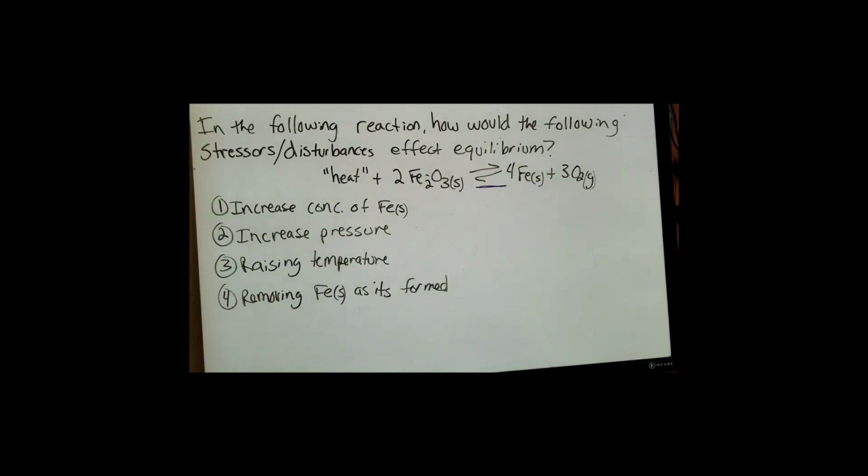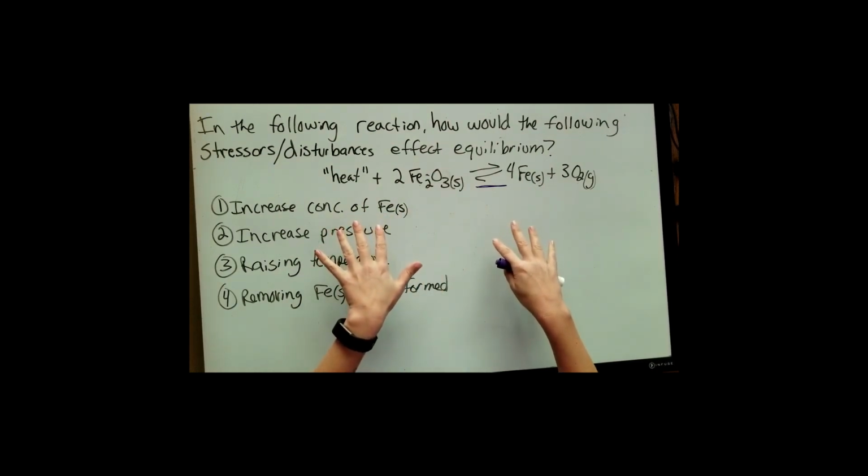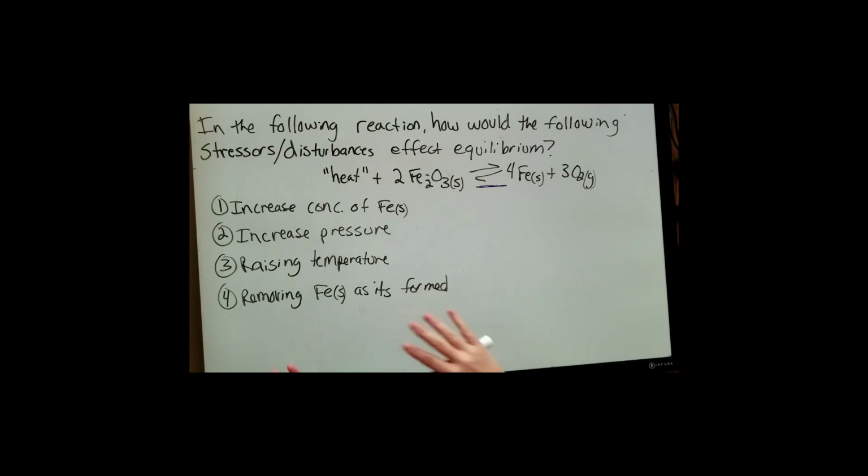So that is showing that this is an equilibrium reaction. And with equilibrium, what happens is if we disturb anything in this reaction, that equilibrium is going to shift to make a balance again, to make an equilibrium.